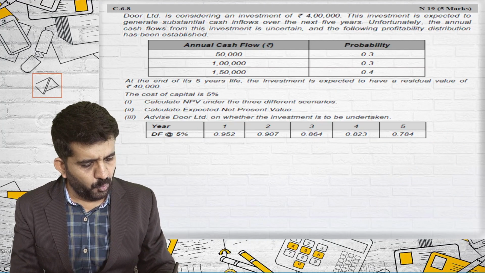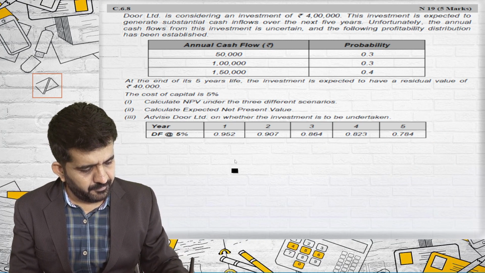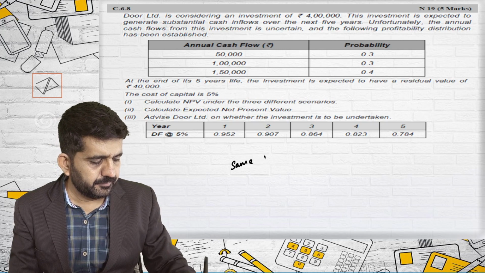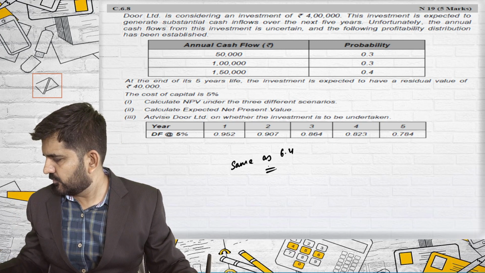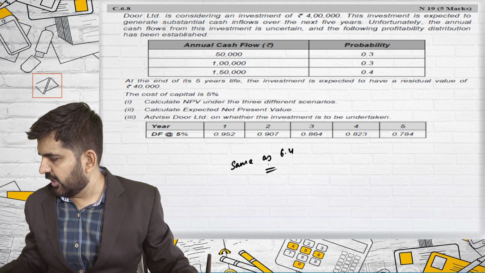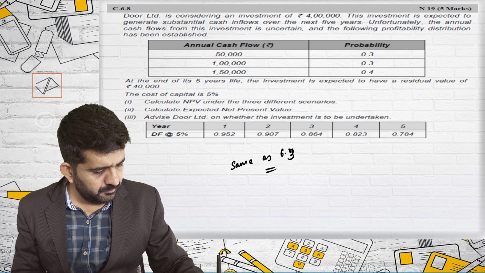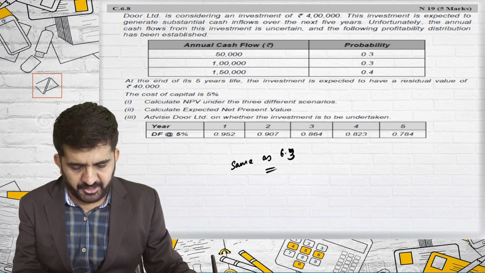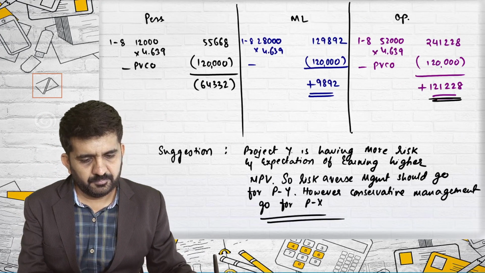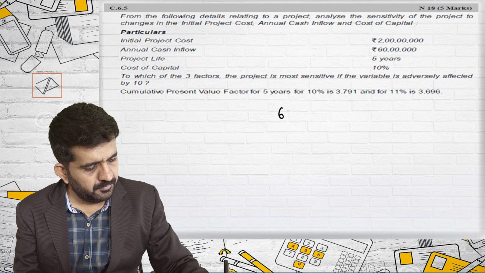6.8 is the same as 6.4, the first question. It is exactly the same. No, exactly the same as 6.3. And 6.5 is the same as 6.2. Exactly.